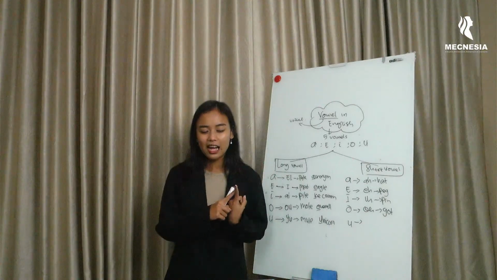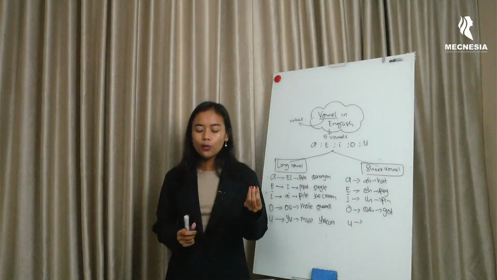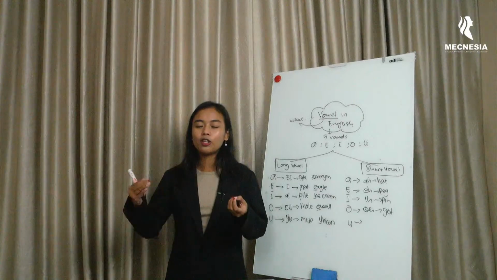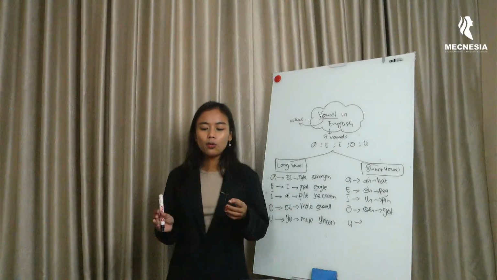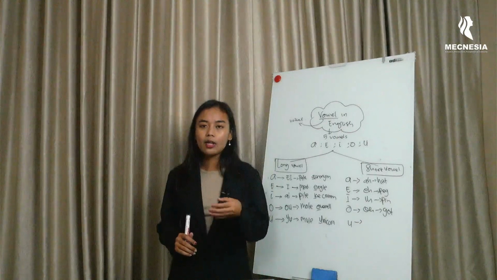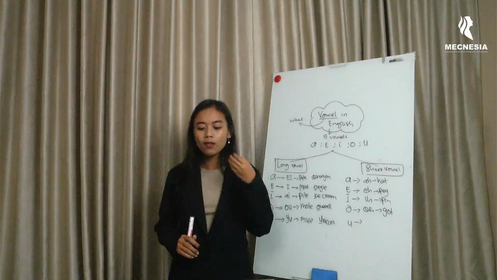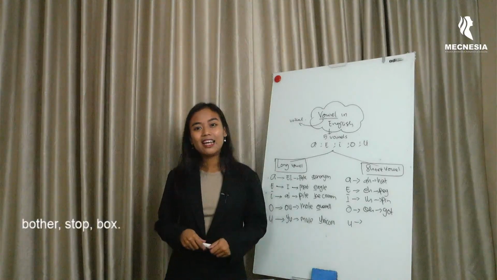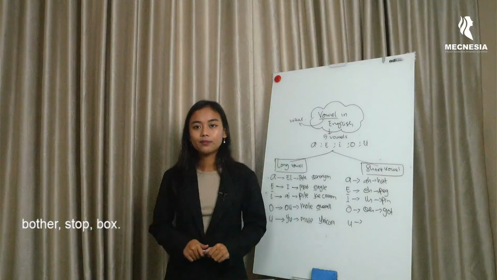The first, yang A, when the O is followed by one or more consonant. Ketika O-nya diikuti oleh satu atau lebih huruf konsonan. Like in the word butter, and then in the word stop.